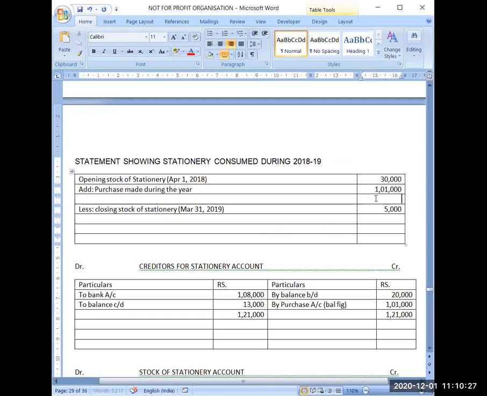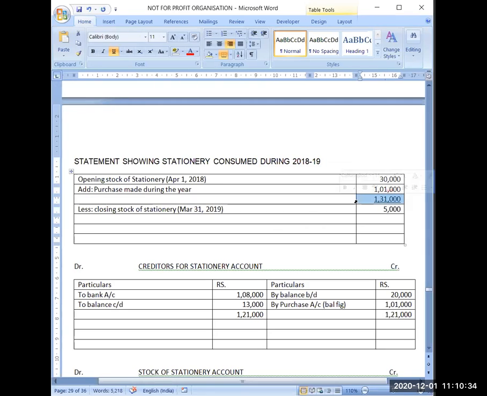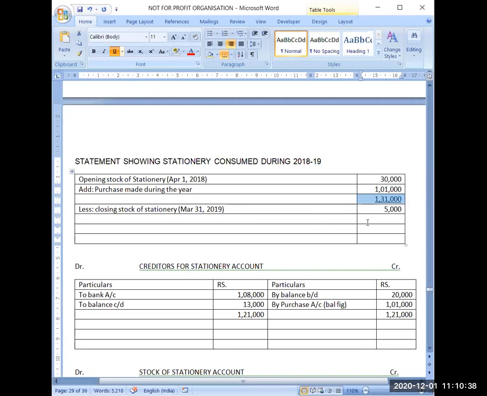And the total will become here 1,31,000. And when we deduct it, we will get 1,26,000. This is the amount of stationery consumed during the year.